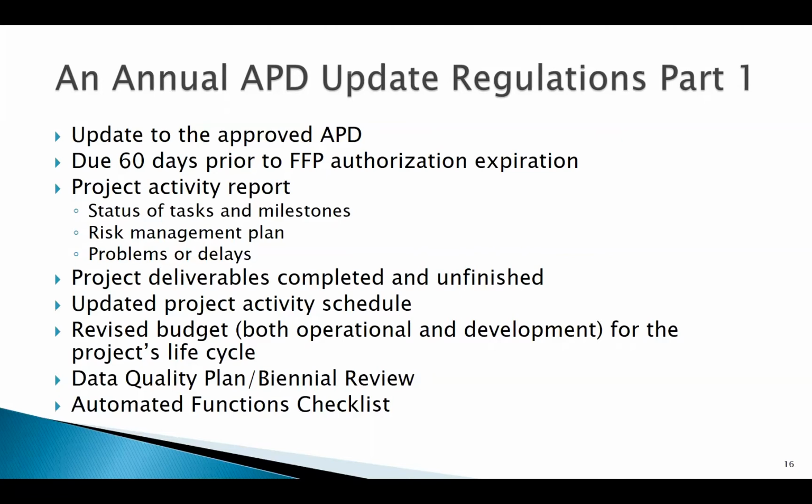Your project activity report will contain the status of tasks and milestones, your risk management plan, any problems or delays that the project experienced, your project deliverables that have been completed and that are unfinished, your updated project activity schedule, your revised budget, both operational and development for the project's lifecycle, your data quality plan, where you're at with your biennial review, and your automated functions checklist.